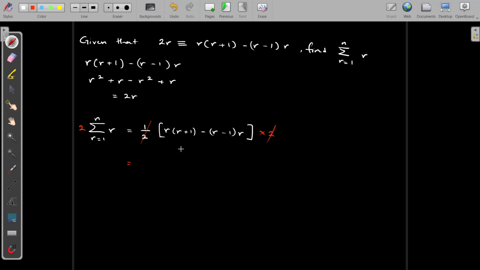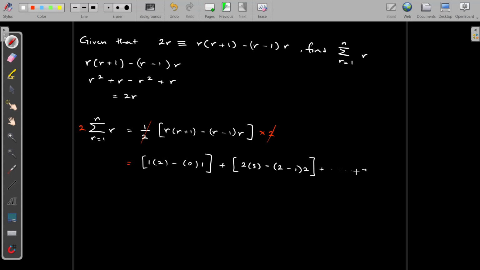Alright, so on the right hand side here, when r is equal to 1, we're going to be getting 1 times 2 minus 0 times 1, plus, when r is equal to 2, that's 2 times 3 minus... Well, I guess we don't need any other term there, because we notice what's going to remain from the first bracket, this part here.